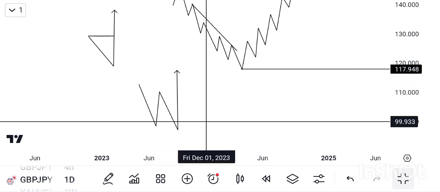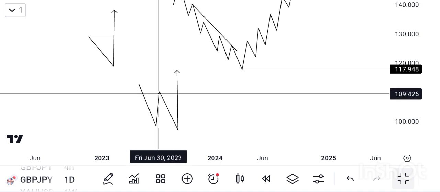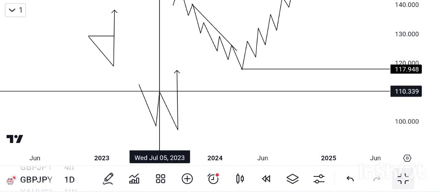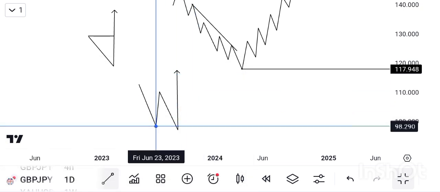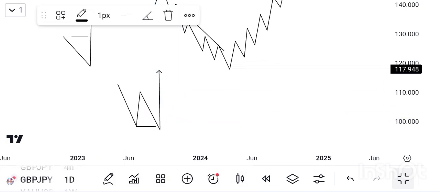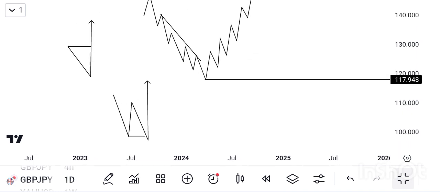Engineered liquidity is used to create an internal high or internal low. So that is that on liquidity.